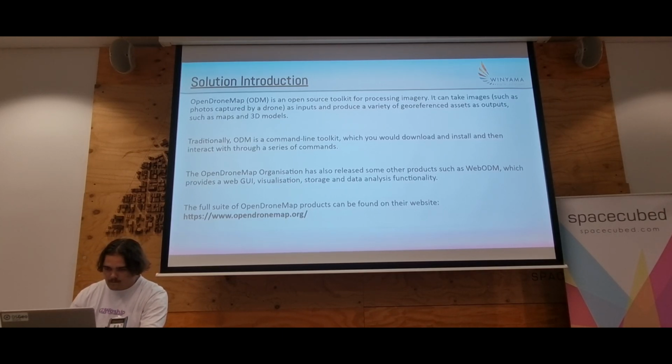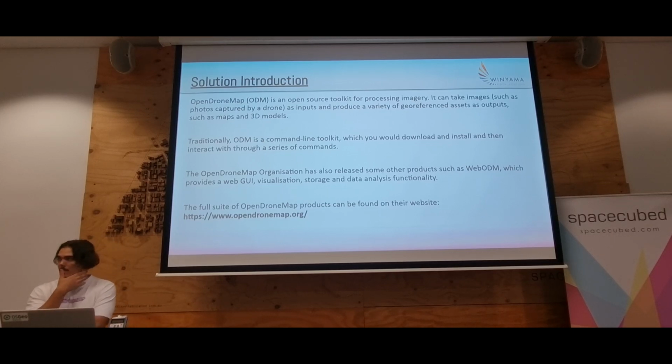Traditionally, ODM is a command line toolkit, which you would download and install and then interact with through a series of commands. The OpenDroneMap organization has also released other products, such as WebODM, which provides a web GUI, visualization, storage, and data analysis functionality. And for anybody who wants to explore this route, there's a link there for you.